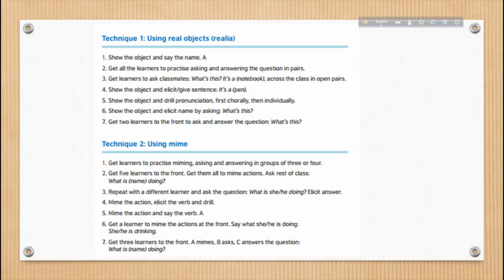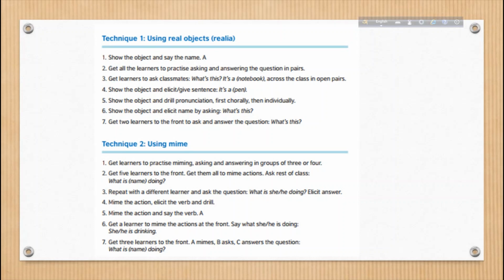Here are some statements, 1, 2, 3, 4, 5, 6 and 7, but we have to rearrange them. What steps should we take to teach vocabulary to our students using real objects?